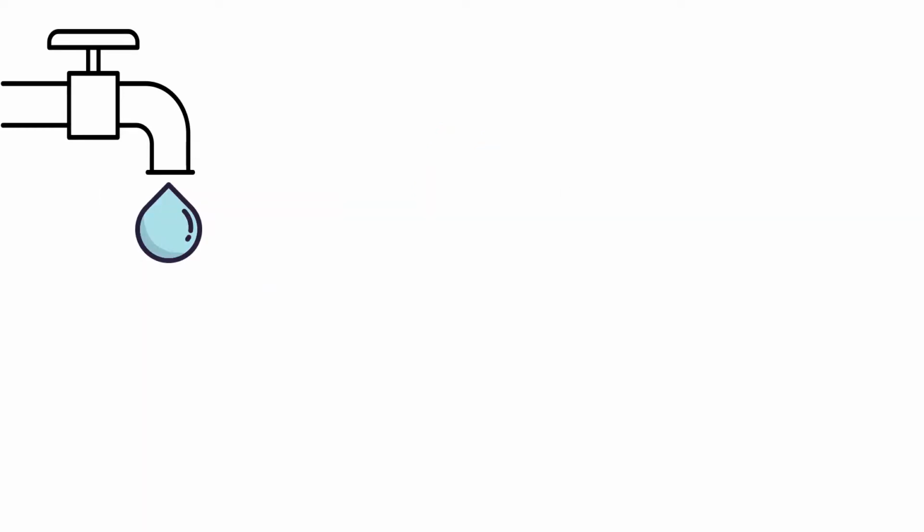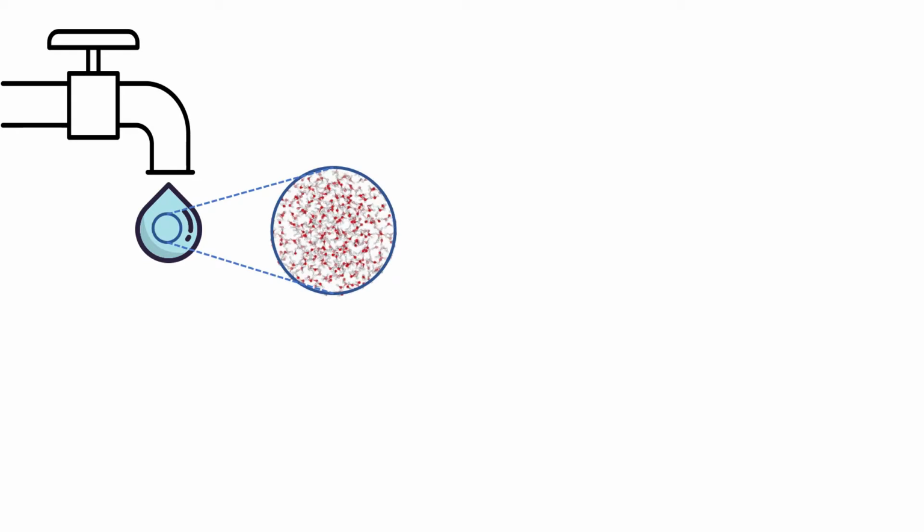So if we think about any bulk material, and here we start with the example of liquid water, this is always composed of millions of molecules that are in continuous and random movement.